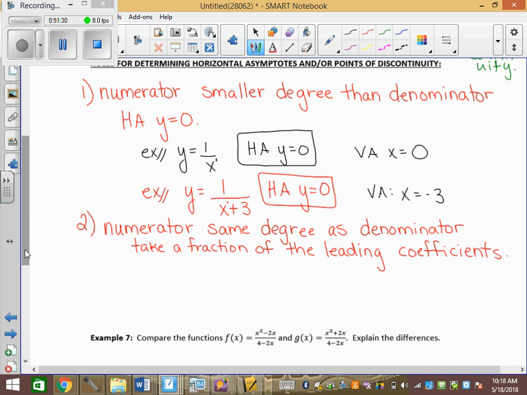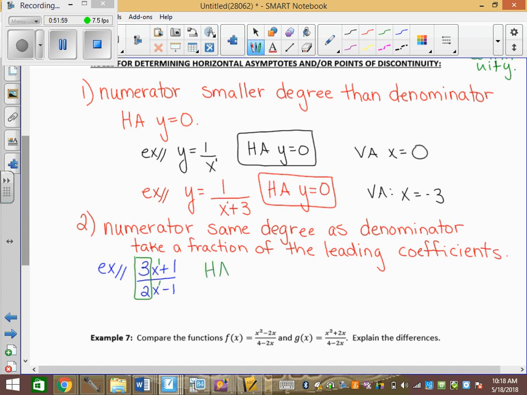So an example, if they're the same degree, I could go 3x plus 1 over 2x minus 1. What degree are both of these? 1. So same degree, correct? I take a fraction of the leading coefficients. The leading coefficients are the ones that are in front of x to the 1. 3 over 2, done.